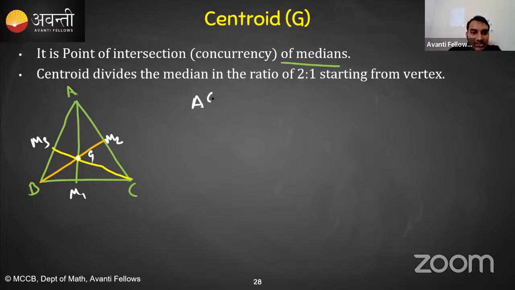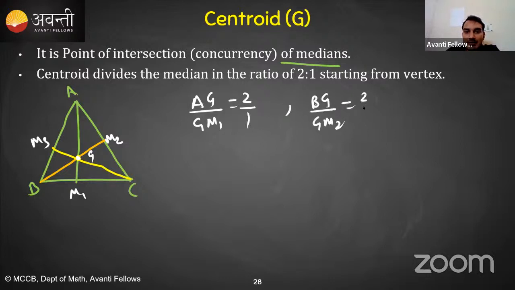Means AG upon GM1 is 2/1, and BG upon GM2 is also 2/1. Similarly, CG upon GM3 is also 2/1 from the vertex.